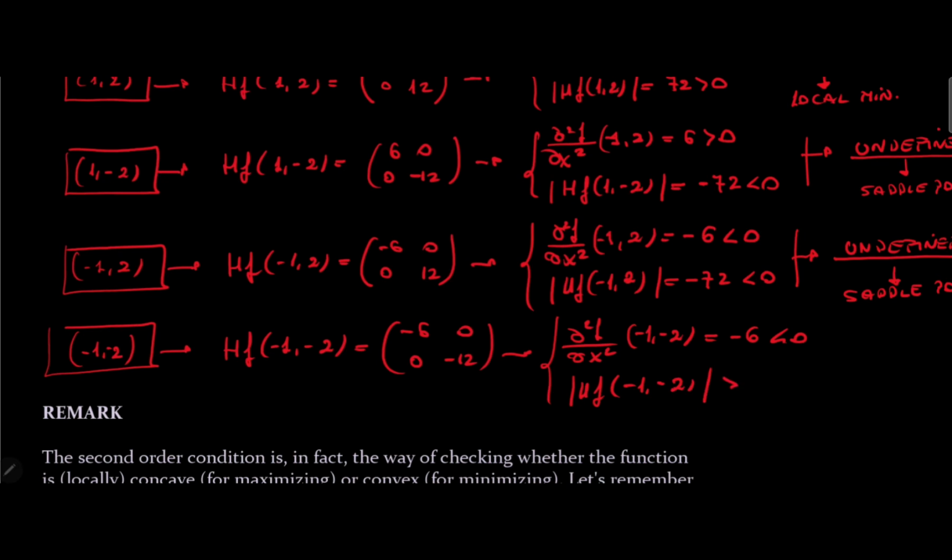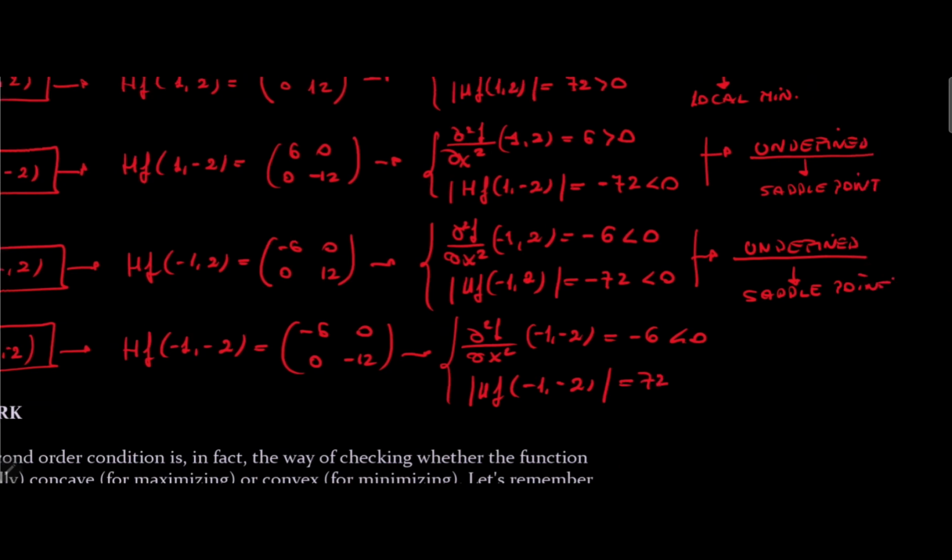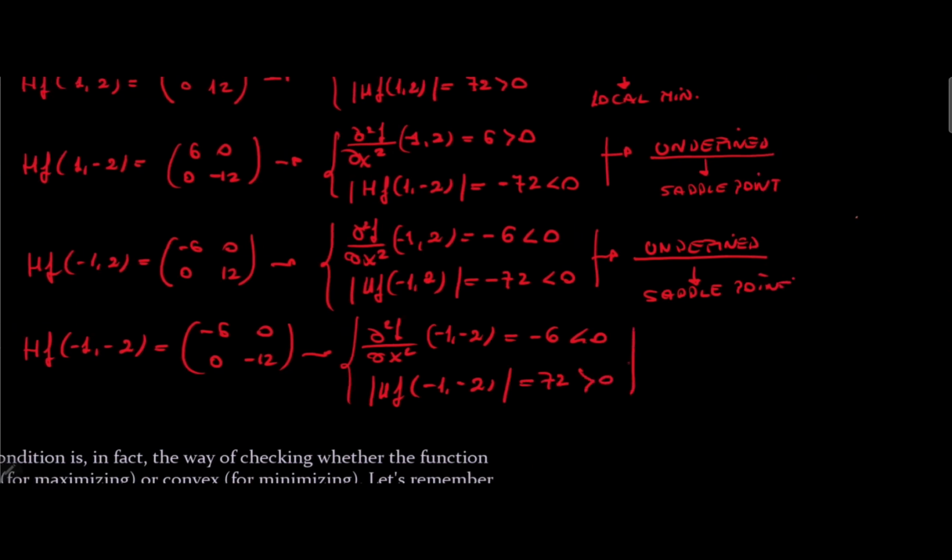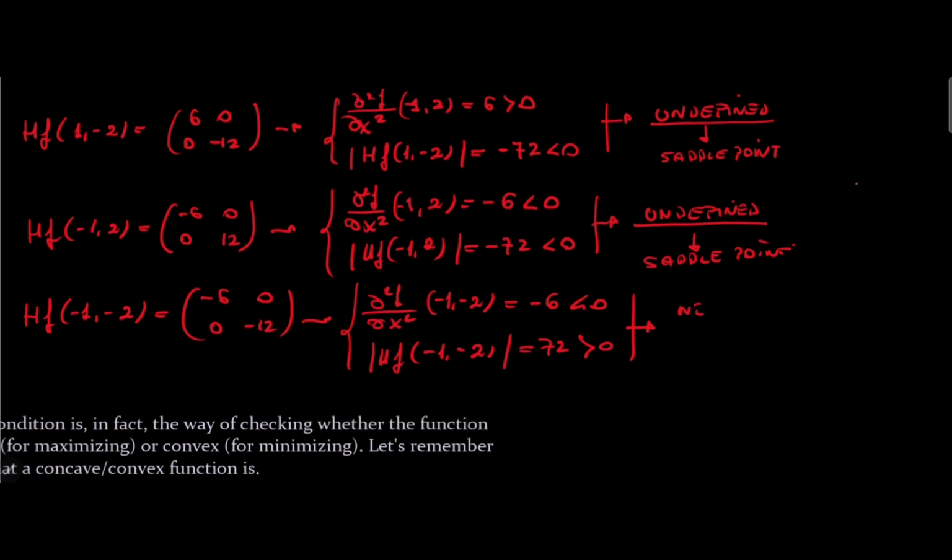It equals positive 72. So this combination is for negative. So we have a local maximum.